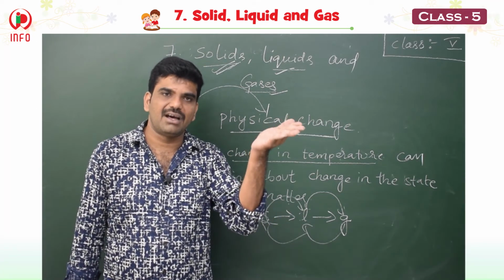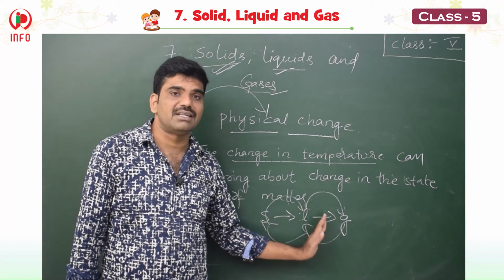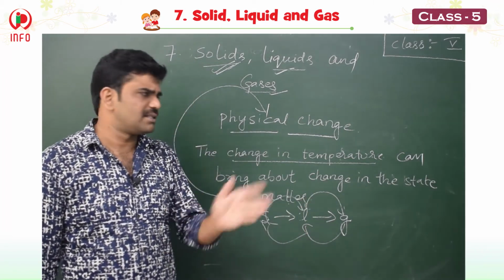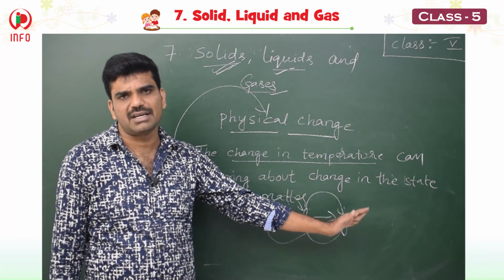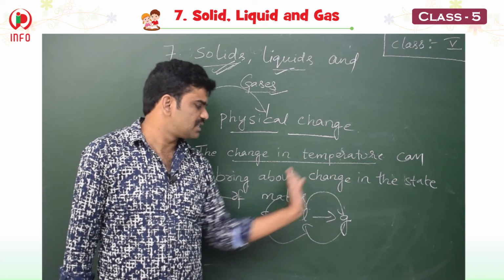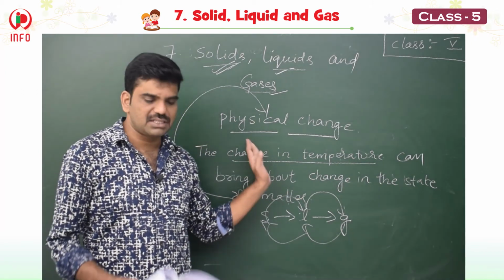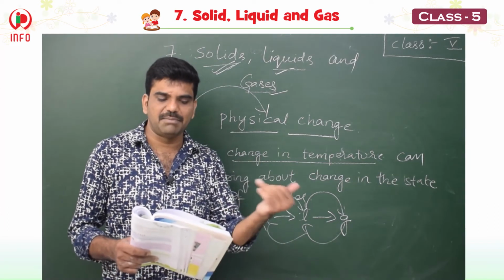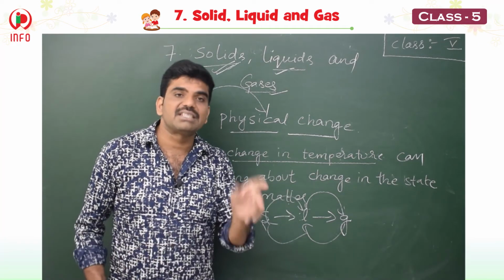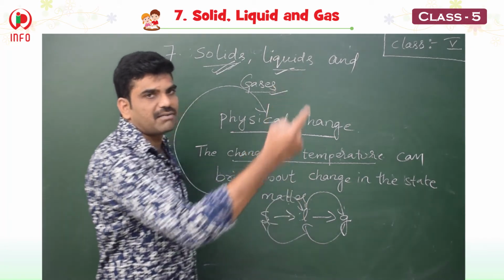Upon heating or upon cooling, the states can be changed. That means heating or cooling is nothing but change in the temperature. Change in temperature can bring about the change in the states of matter. Okay, children. So this change is temporary and can be reversed. Reversed means solid can be converted to liquid, liquid can be converted to gas.